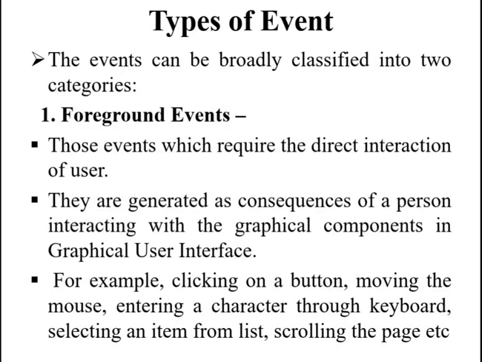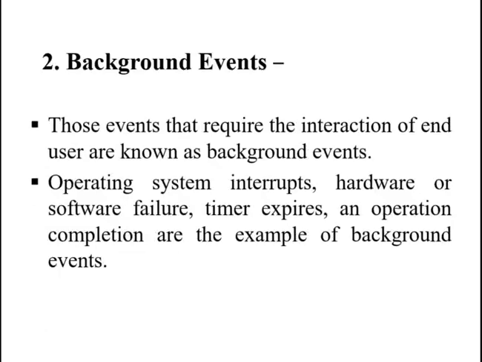They are generated as consequences of a person interacting with the graphical components in a graphical user interface. For example, clicking on a button, moving the mouse, entering a character through keyboard, selecting an item from list, scrolling the page are the examples of foreground events.